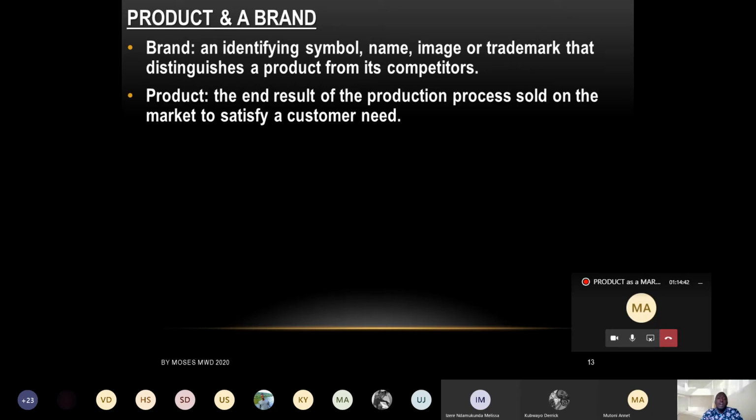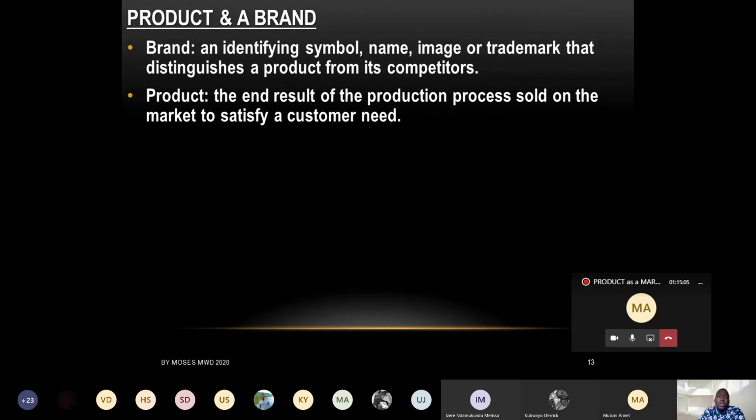So there's a difference between a brand and a product. A brand is a symbol of the product, but the product is the end result of the production process. So a product can have very many names, how people call it, how people understand it. Someone talks about a product and someone has a different perception.